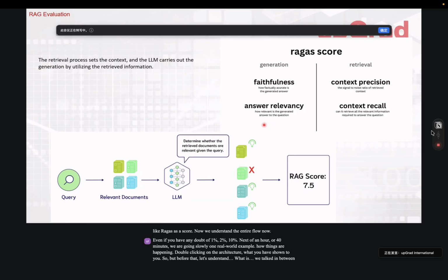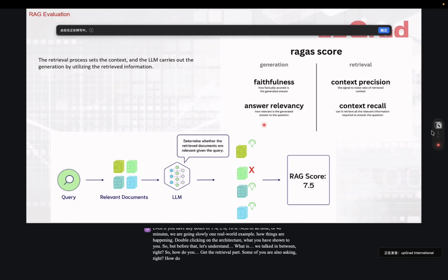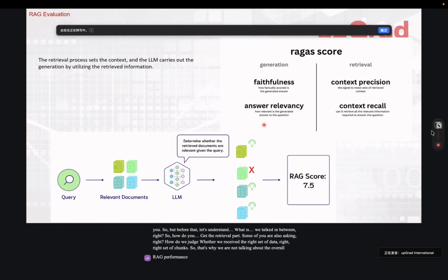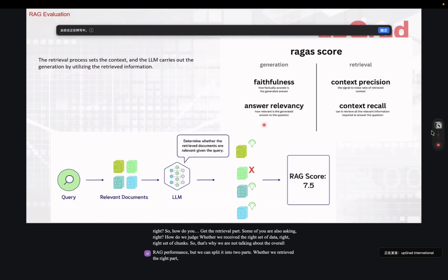Some of you were asking how to get the retrieval part, how do we judge whether we received the right set of chunks? So we are not talking about the overall RAG performance, but we can split it into two parts. Whether we retrieve the right part: if not, there is still a problem there. If it is retrieved the right one but we are not getting the right answer, then I'll blame the generation part.